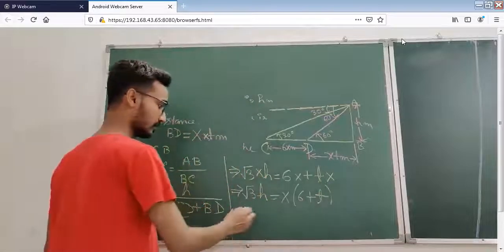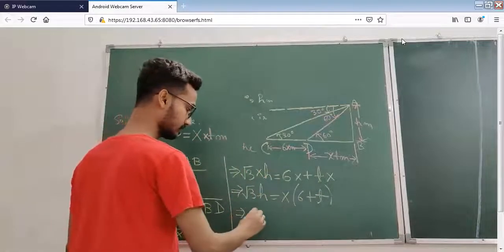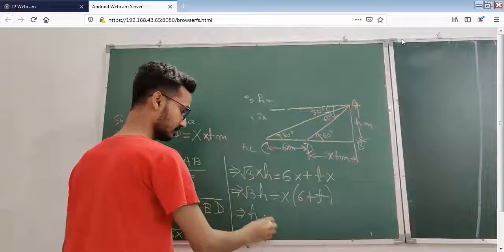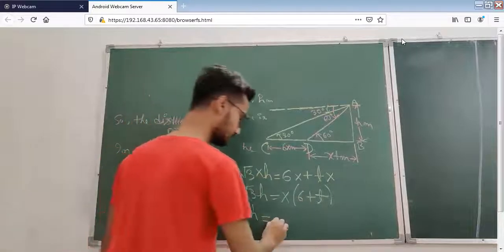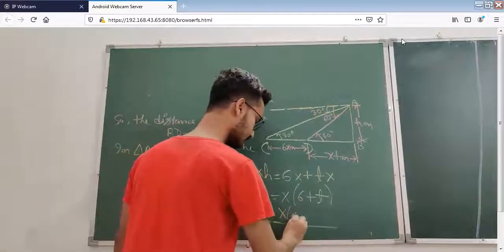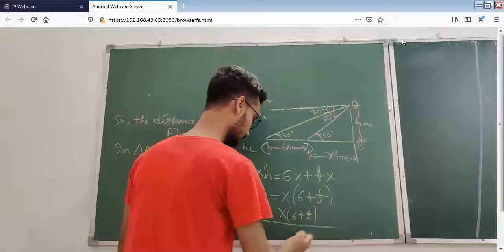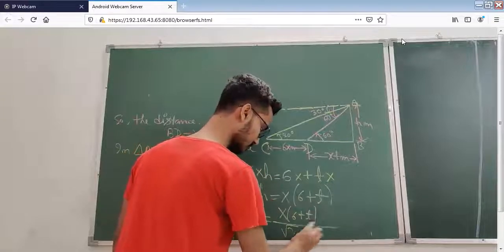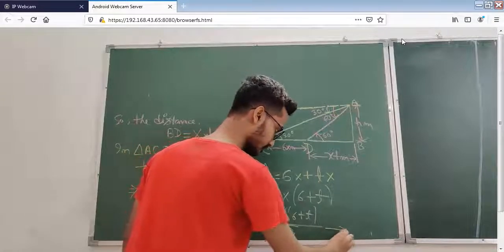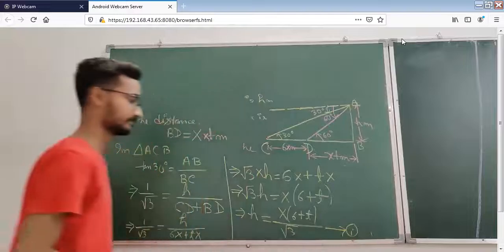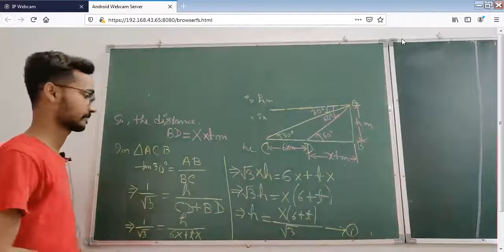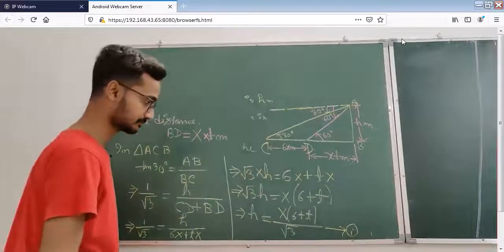Now if you take root 3 to the right hand side, it will be h equal to x into 6 plus t by root 3. So give it number 1. Clear? All of you write down up to this.